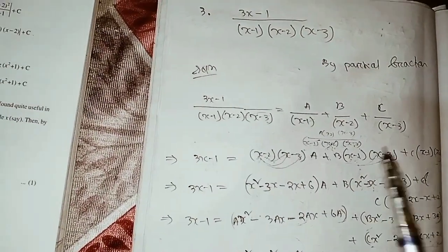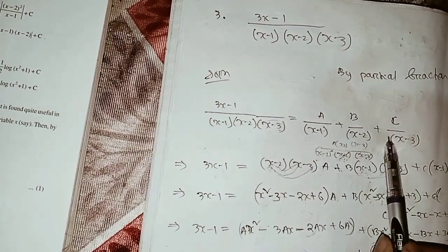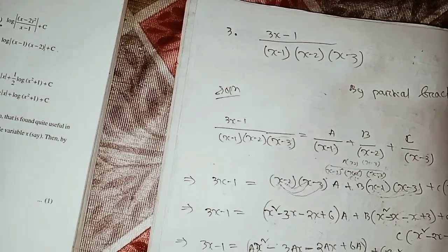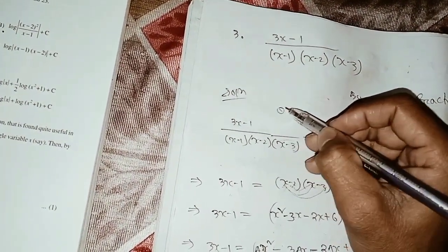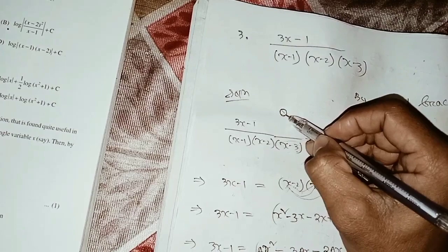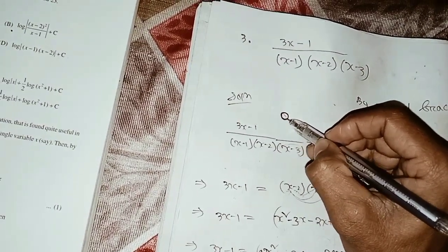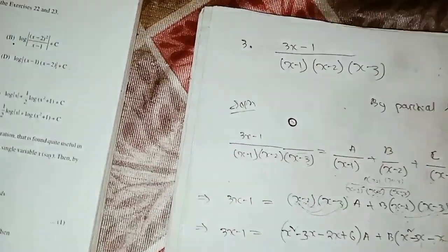Okay, the main theme is that we just have to find out the values of a and b, and we have to integrate, and then we get the answer. At first we have to think about what formula will be applied here faster.